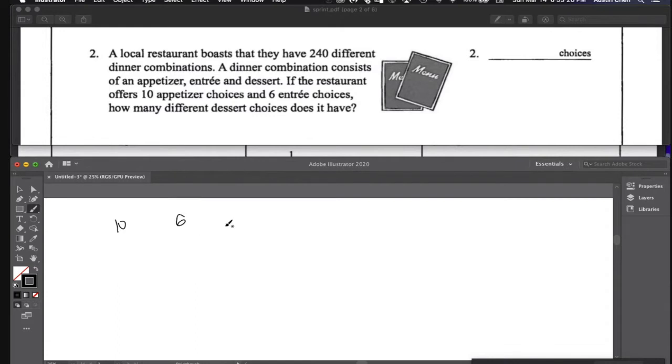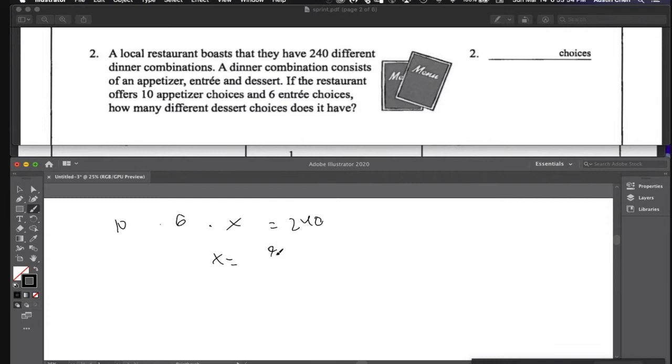And we're trying to figure out the number of dessert choices, which is unrelated to either of these. So the number of choices for each of these multiplies the total number of combinations. If we multiply all these numbers, we should get our total number of combinations, which is 240. So then we just solve for x.